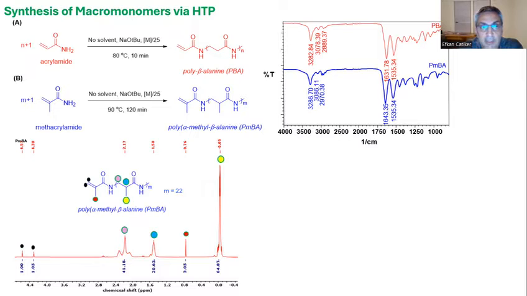That's why at the initiation stage we target to obtain a vinyl end group by abstraction of a hydrogen atom from the amide group at the initiation stage. That's why we could obtain a macromolecule with a vinyl end group.